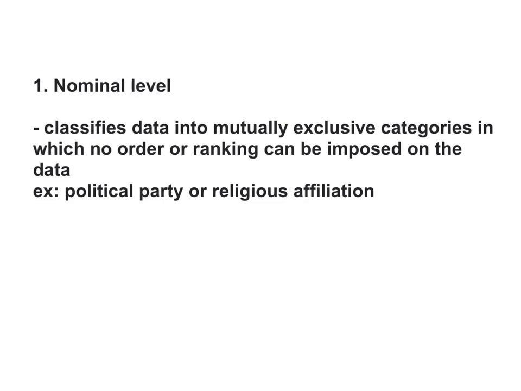Here's the nominal level. Classifies data into mutually exclusive categories. That means, mutually exclusive means each category does not affect the other. No order or ranking can be imposed on the data.